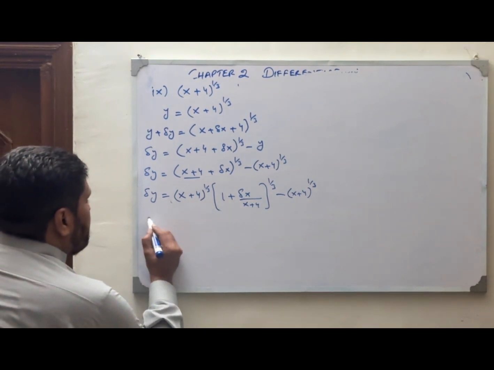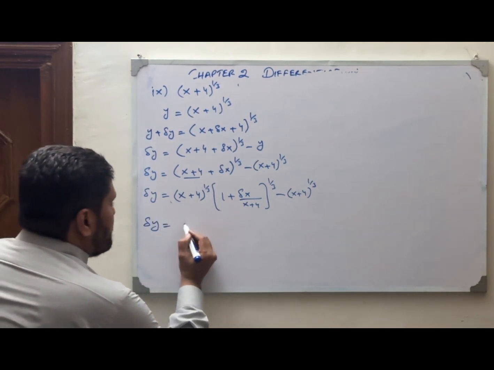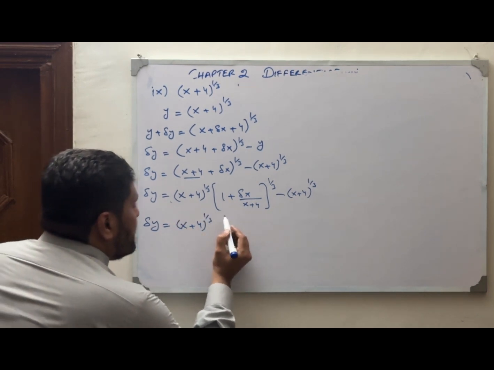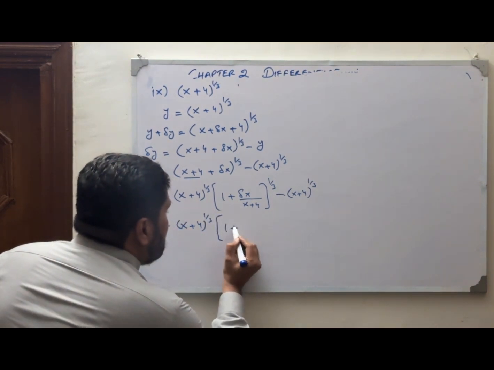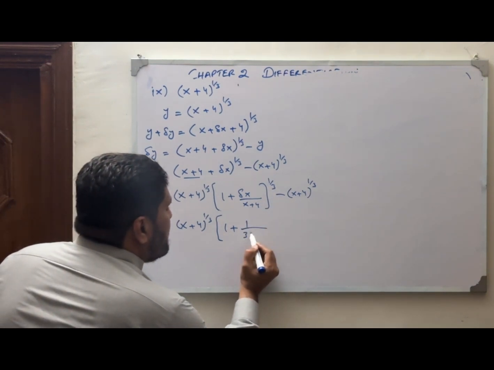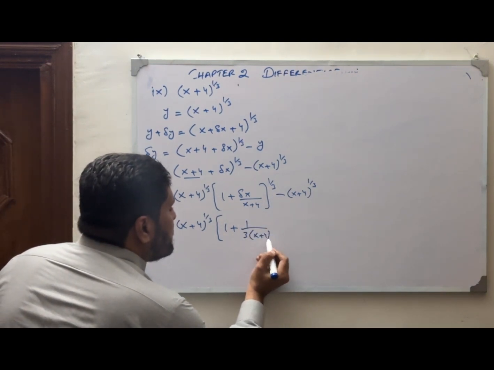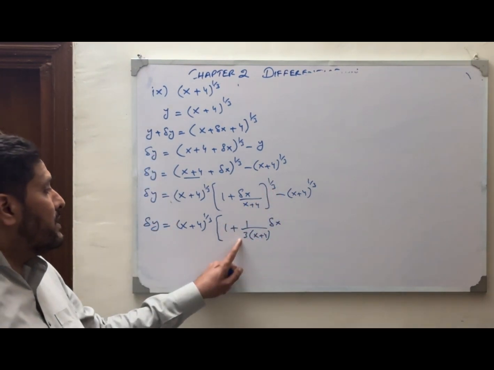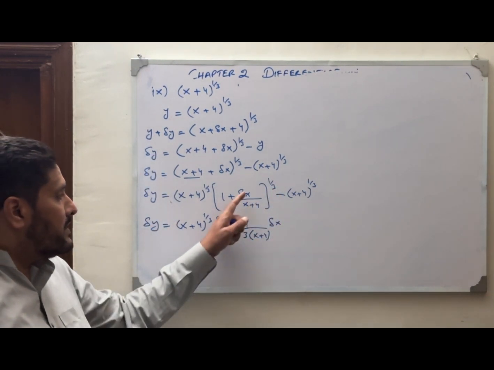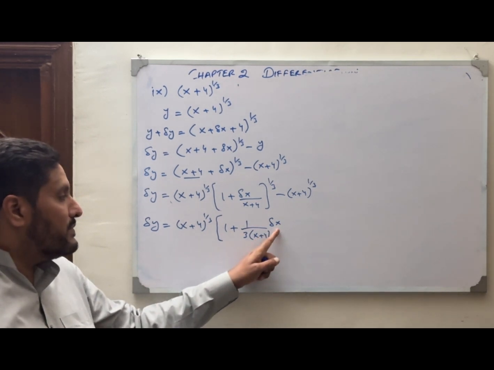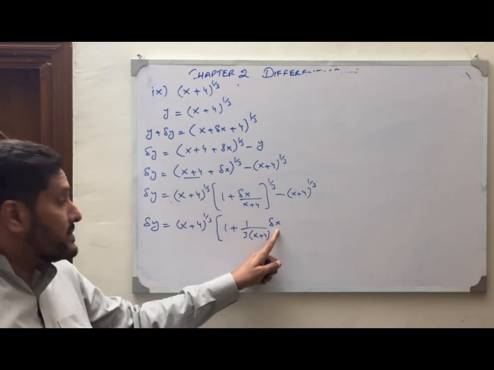So here delta y is equal to (x plus 4) power 1 by 3 into 1 plus, our n is 1 by 3, so 1 by 3 into, that is n, and the value of x is delta x by x plus 4, so I have written x plus 4 here and separated the term delta x.